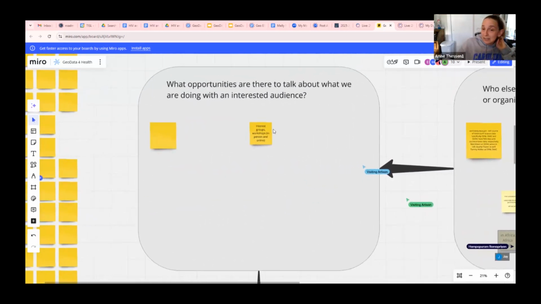What other opportunities are there to talk about what we are doing with an interested audience? From your perspective, as I said before, there's the cafe workshop, there's the International Society of Environmental Epidemiologists.